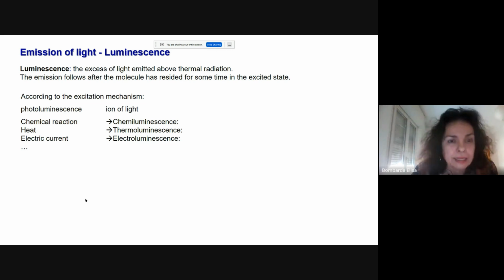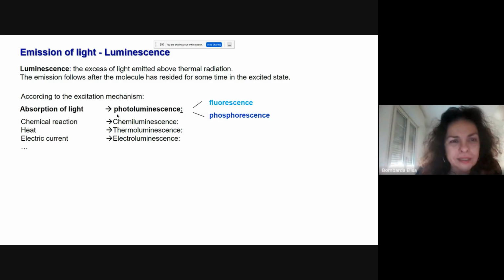And actually, I see that there is maybe a little bit of a problem. It's not emission of light, but excitation of light. So it is excited through excitation.